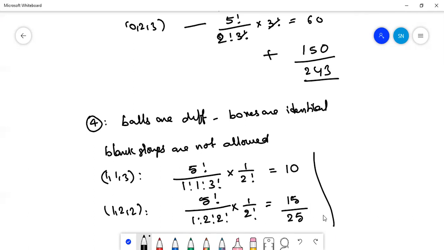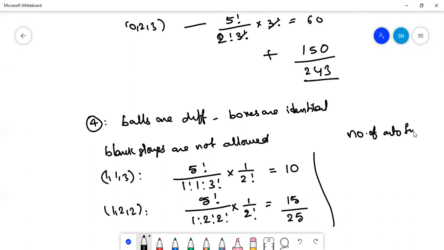The same way, directly you can answer this question. How can you answer this question? When balls are different and boxes are also different, and blank groups are not allowed, what you will get is the number of onto functions.